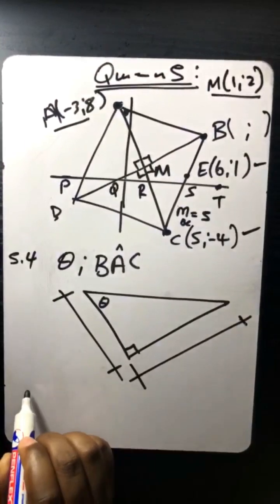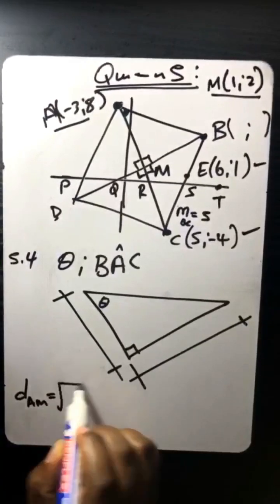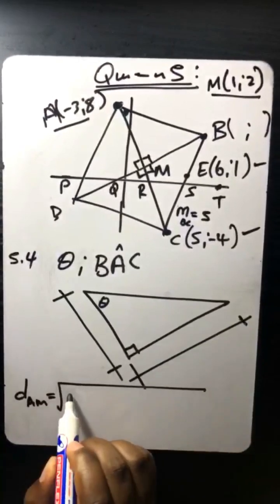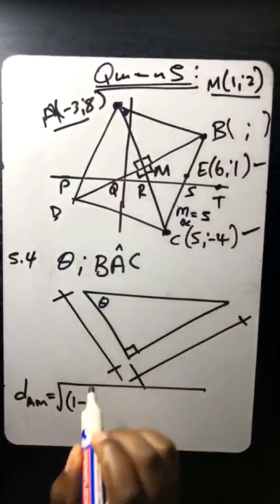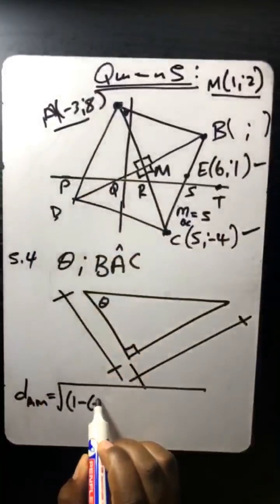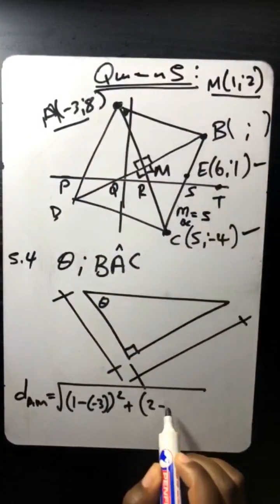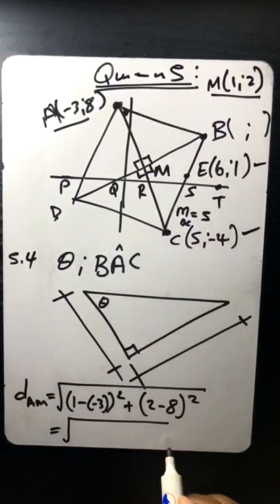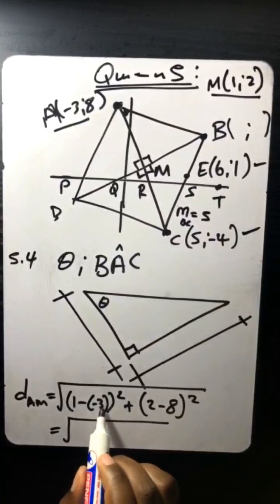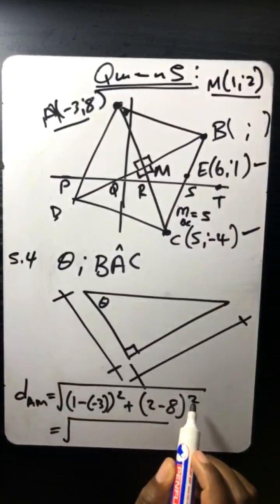Okay, in the meantime, let's calculate the distance of AM. That one we can easily work out, because we know that x2 being 1 minus x1 being negative 3, squared, plus y being 2 minus 8, squared. Can you guys see what this is? 4 squared is 16. This is 6 squared.